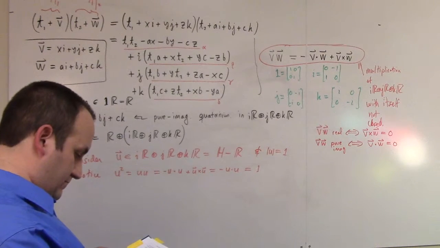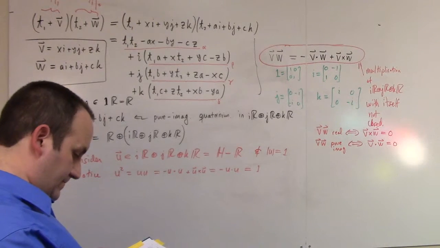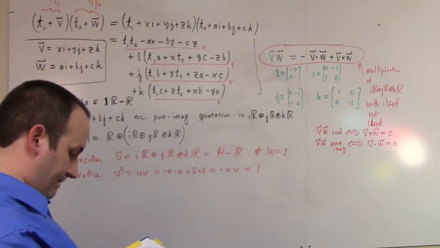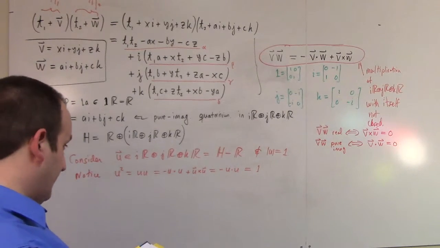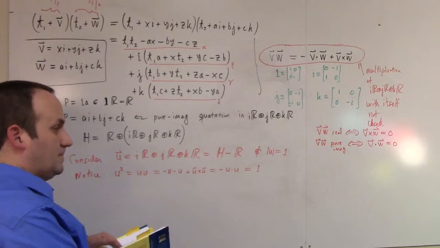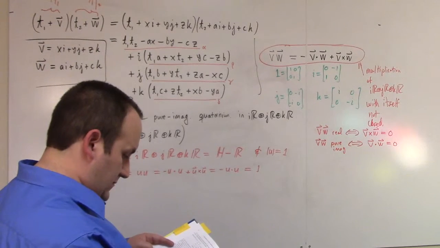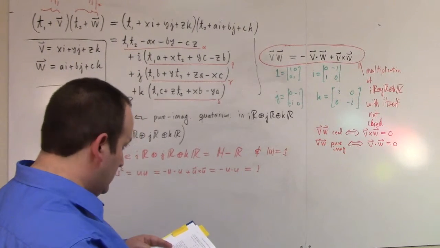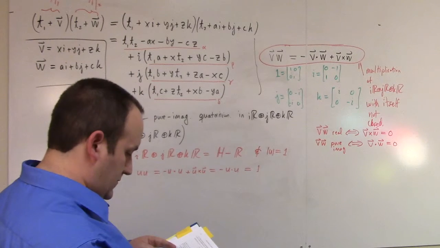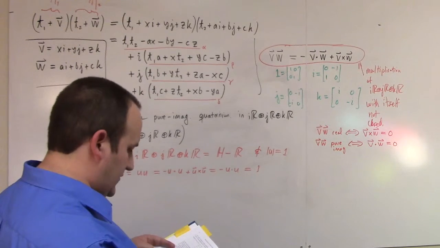Where did the minus and the original dot product come from? U squared equals negative U dot U. And oh, yeah. Okay. I'm not sure why that whole thing is equal to 1.